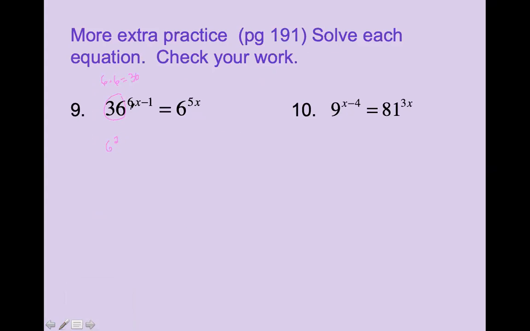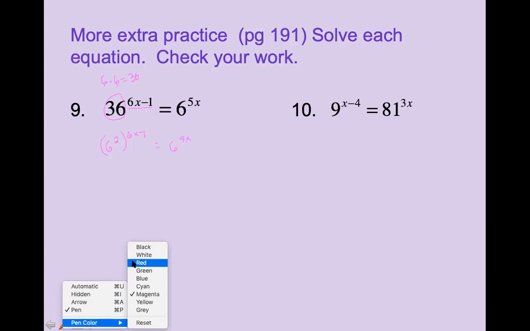All right, but I have these exponents up here. So I'm going to put a parentheses around this. And I'm going to put my 6x minus 1. So this time it's a little more complicated. We're going to use our power of a power rule for exponents. All right, so I turned 36 into 6 to the second. But now, since I have an exponent on the outside and one on the inside, I need to multiply those exponents.